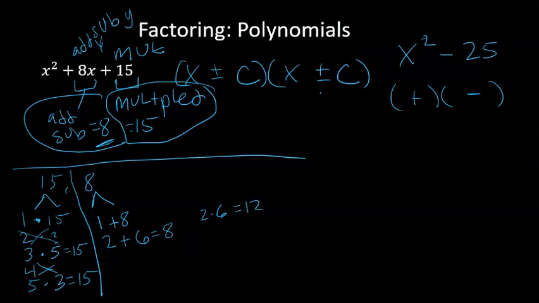I'm almost there. I need 15. It looks like I'm getting closer. What about 3? 3 plus a mystery number gives me 8. What can I do? I could do a 5, right? 5 plus 3 gives me 8. What about 5 times 3? Does that give me a good number? It gives me 15. Well, that's exactly what I need.